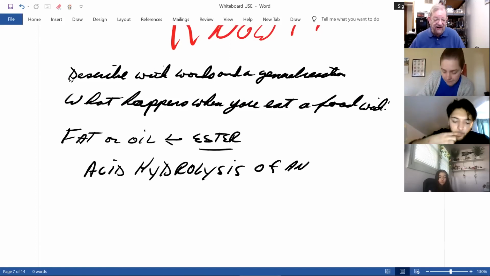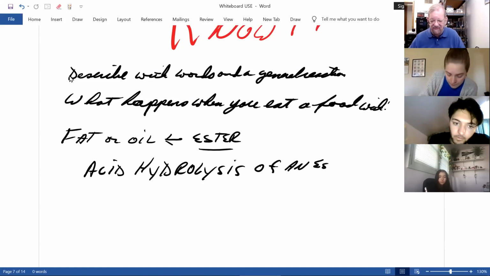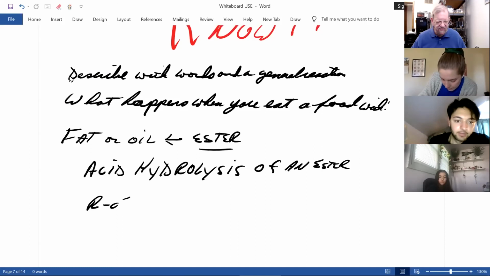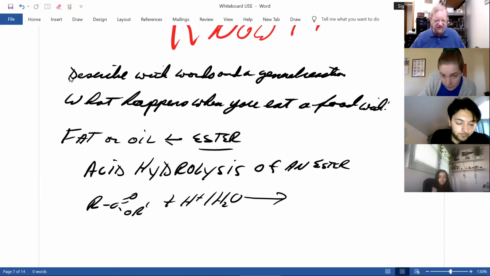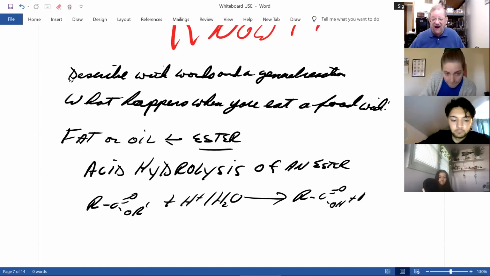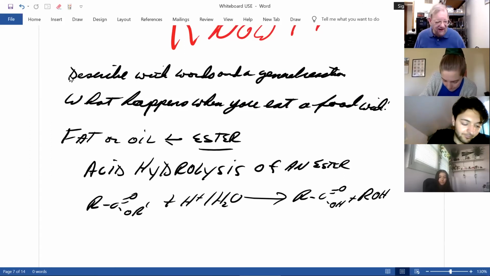Fat or oil is a triglyceride, a triester. And you learn for test number 3 the general reaction: ester plus acid and water, and you can put that above the arrow too, you get back the carboxylic acid plus the alcohol you would have used to make that ester.